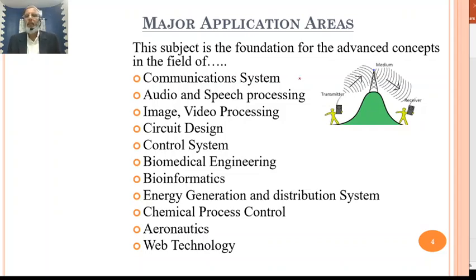Now this image shows the general structure of a communication system. If we have to send a message from one place to another place, then a transmitter and a receiver are required. Here the transmitter and receiver are the systems, and the message signal, transmitted signal, and received signal are the signals.